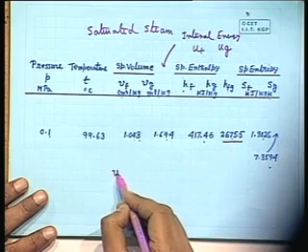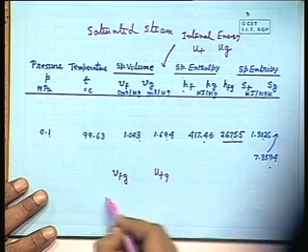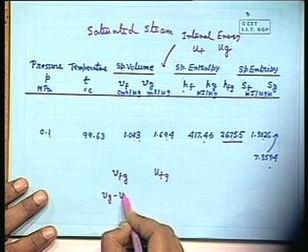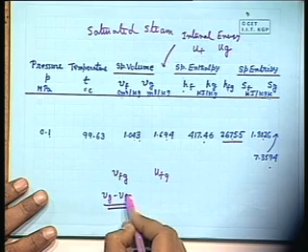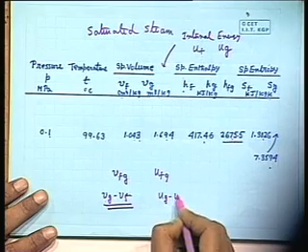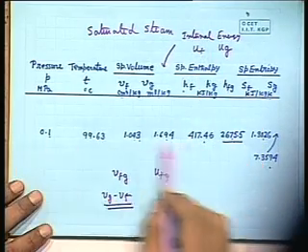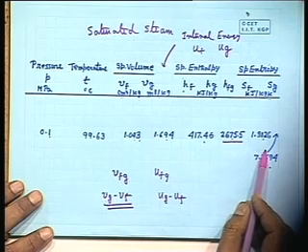Sometimes they give vfg, ufg, that is Vg minus Vf, the change in specific volume. Usually Vg is much higher than Vf, and Ug minus Uf. So this way saturated steam tables are generated.